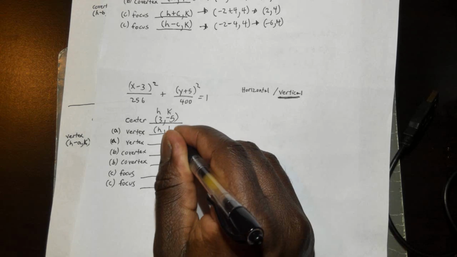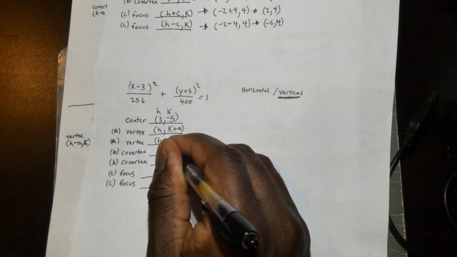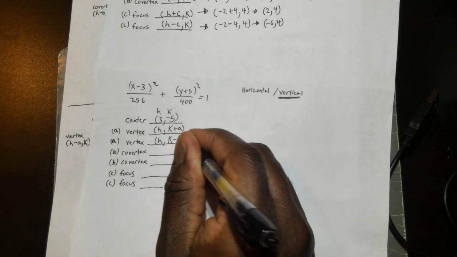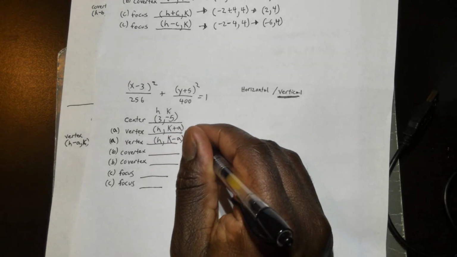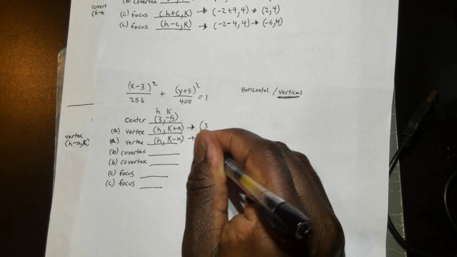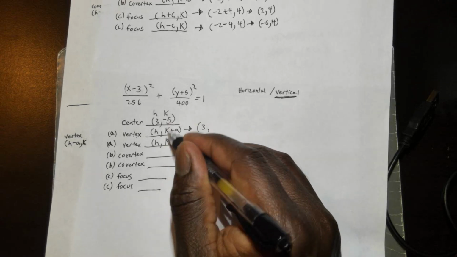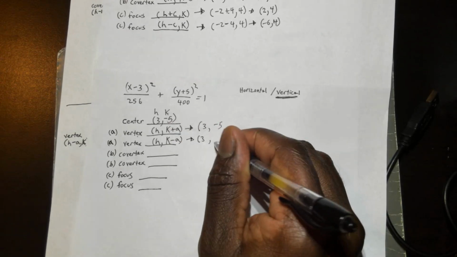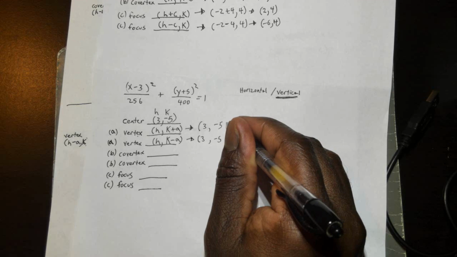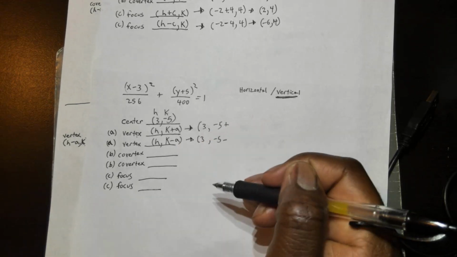So it's h comma k plus a, or it could be h comma k minus a. So we're going to basically say that the h is 3, k is -5, and we're either going to add or subtract to that. And we're going to take the a value to use.